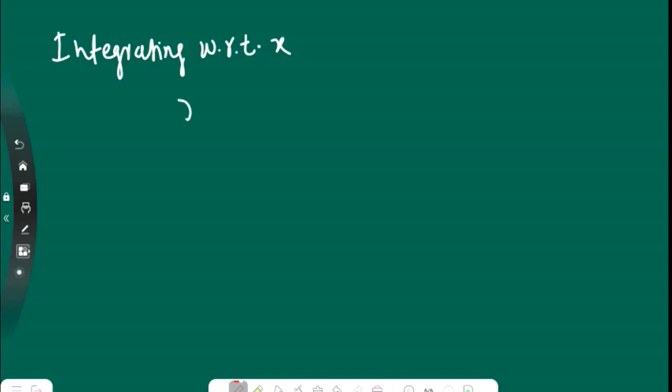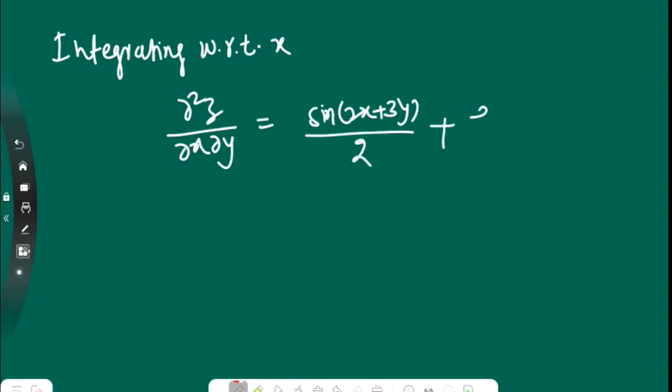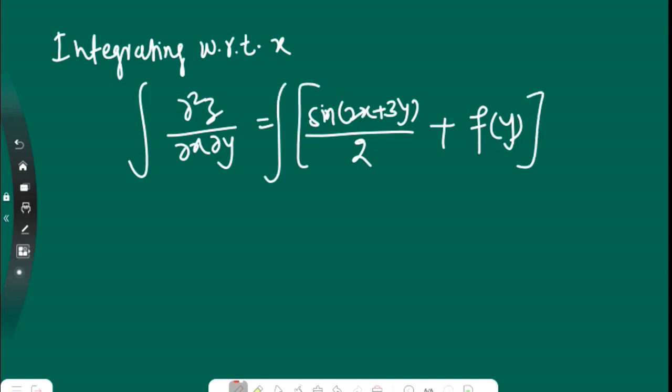Our previous equation is del square z upon del x del y is equal to sin(2x plus 3y) upon 2 plus the integrating constant, which is a function of y, and we are integrating it, so the integration mark, and we are integrating with respect to x, so dx.